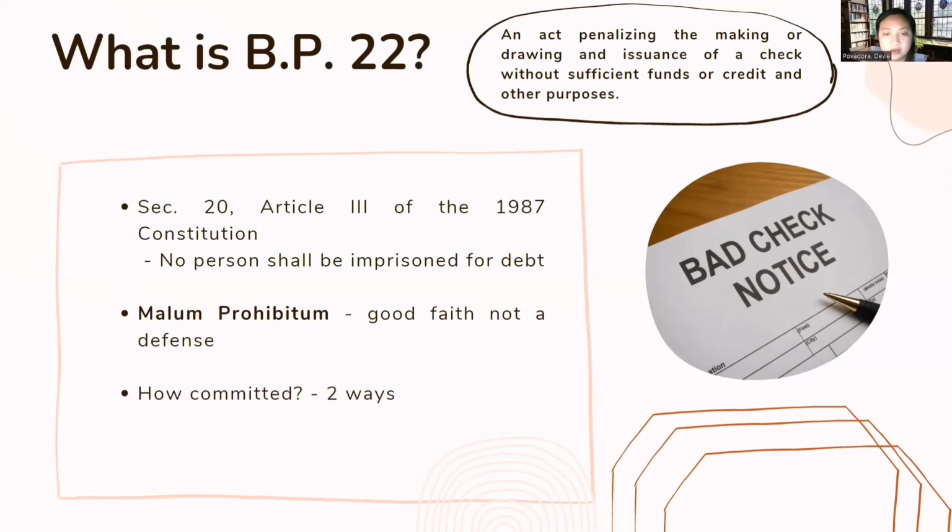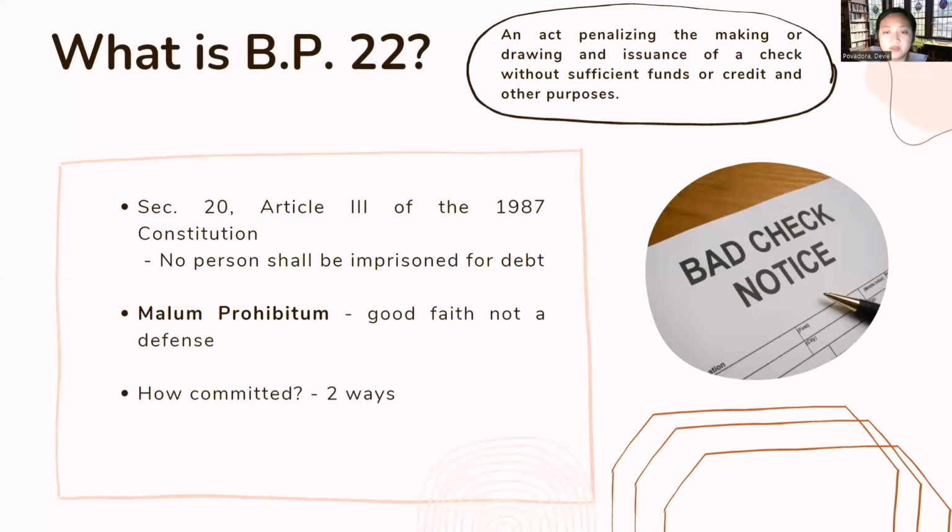The first manner is by making or drawing and issuing any check to apply on account or for value, despite knowing at the time of the issuance that he does not have sufficient funds in or credit with the drawee bank for payment of such check in full upon its presentment, and the check was subsequently dishonored by the drawee bank for insufficiency of funds or credit, or would have been dishonored for the same reason had not the drawer, without any valid reason, ordered the bank to stop payment.